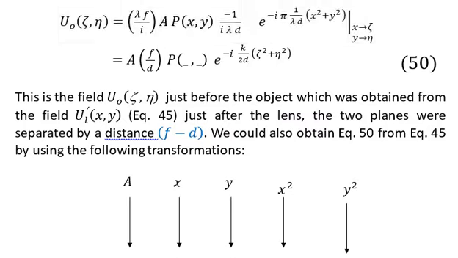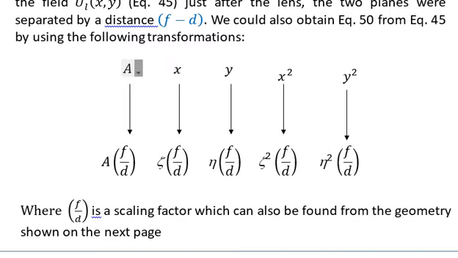So this is the field, u of zeta and eta, just before the input object, where the object plane is the zeta and eta plane, which was obtained from the field ul prime of x comma y, the field just after the lens. The two planes were separated by a distance f minus d. We could also obtain equation number 50 from equation number 45 by using the following transformations.